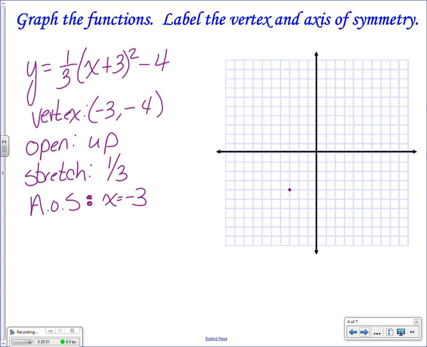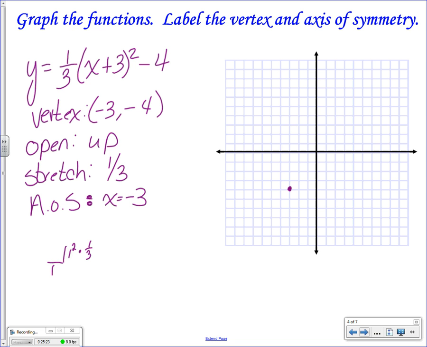Okay, my normal movement is over 1, up 1 squared. I'm going to multiply by what? 1/3. What's 1 squared times 1/3? 1/3. Excellent.